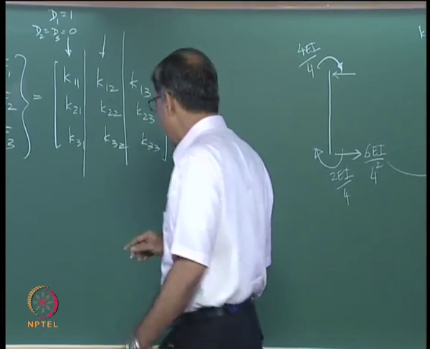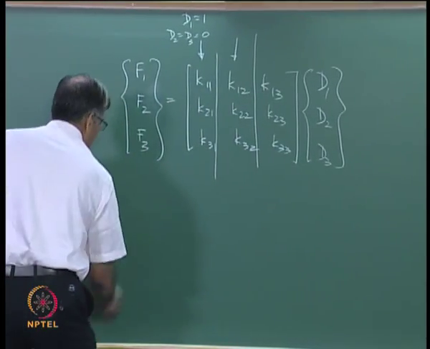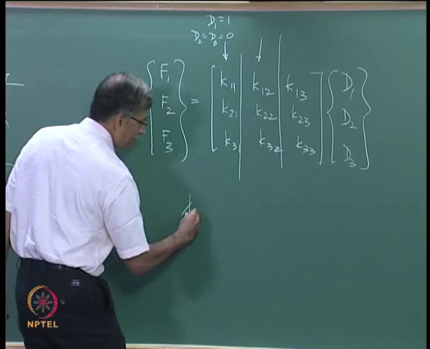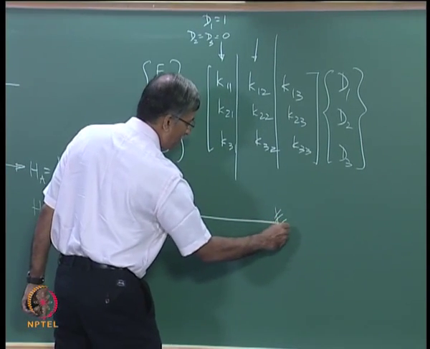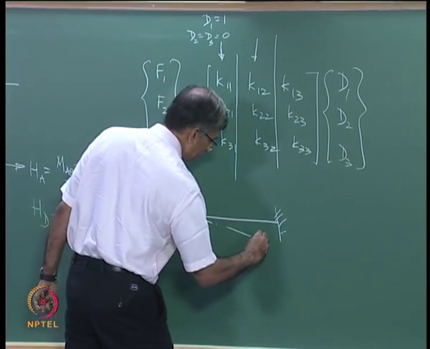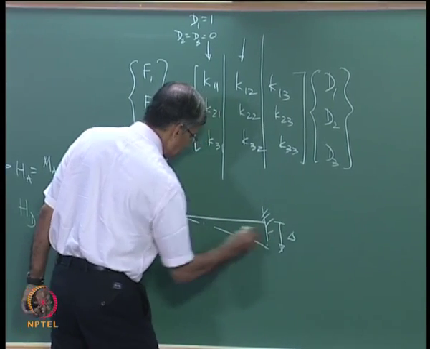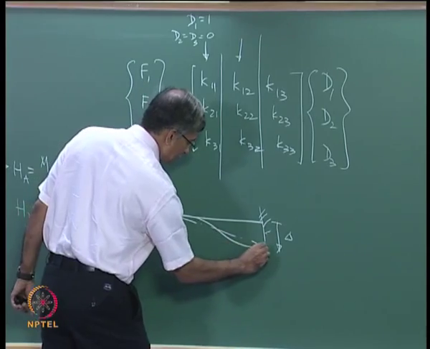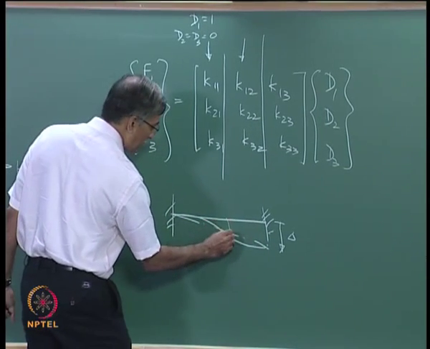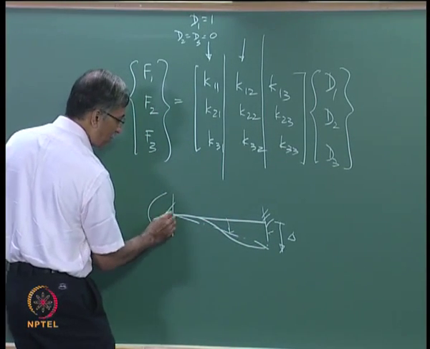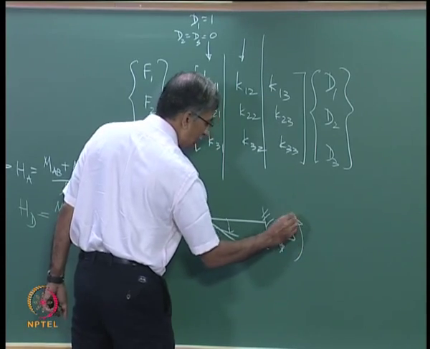So remember this. If I have a settlement of supports problem and this is delta, this is the shape that you get. Clockwise chord rotation will give you anti-clockwise end moments. What are these moments?